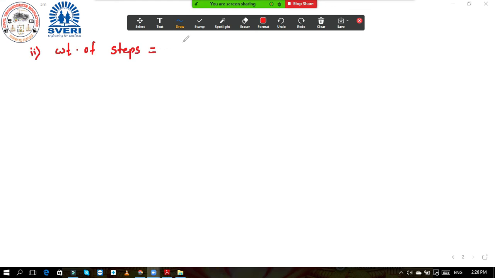How do we calculate the weight of steps? It is R by 2 into 25. Or you can simply write half into R into 25. Into 1 is also there, but it doesn't matter if you multiply by 1 or not, the value will remain the same. So 1 by 2 into riser 0.15 into 25, the density of concrete. What is the answer?